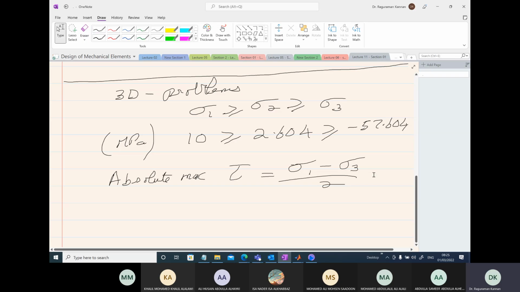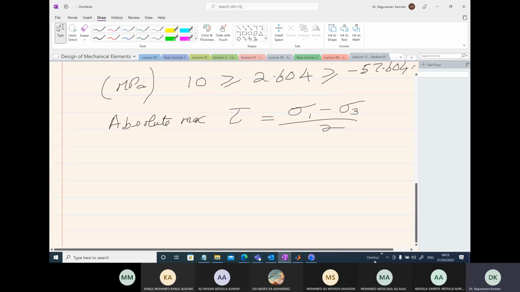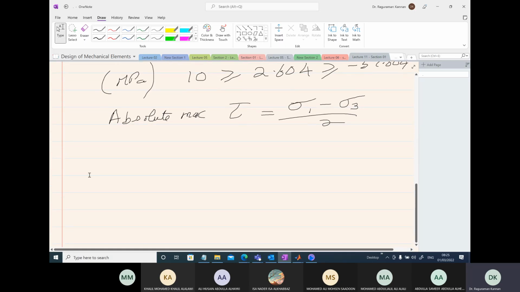Now, there are two methods we can solve this problem. Either use the formula here, or there is another way to do it: use the Mohr circle for the 3D case. For the problem given above, we know how to reduce it to 2D case and then solve for it. After you solve for it and get the sigma 1 and 2 values, you can draw what is called the Mohr circle. We will come to Mohr circle later, but in 3D problems, we can draw it.